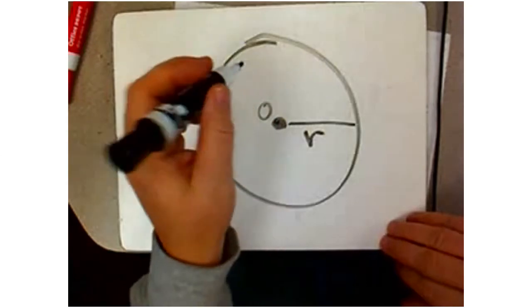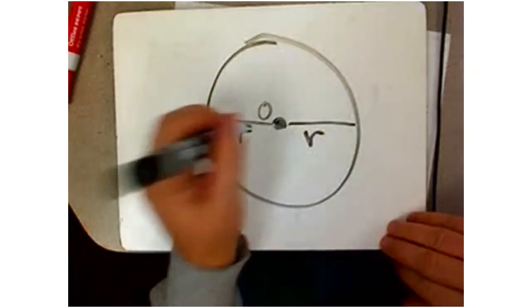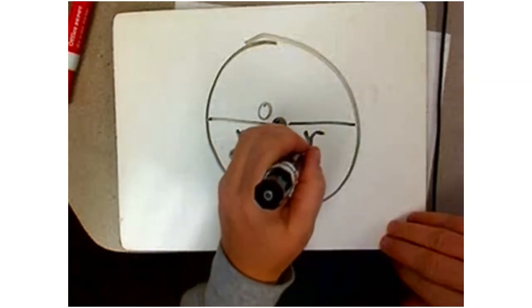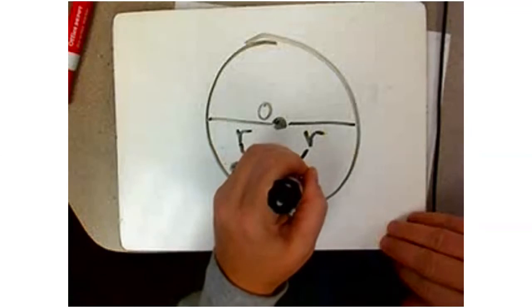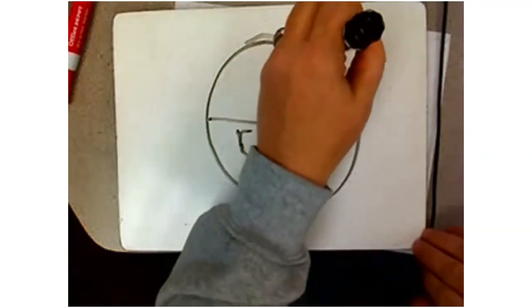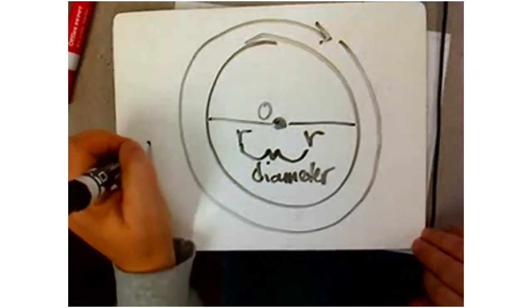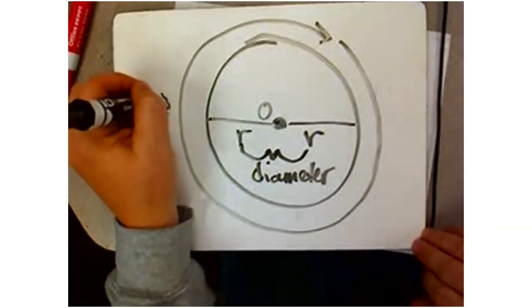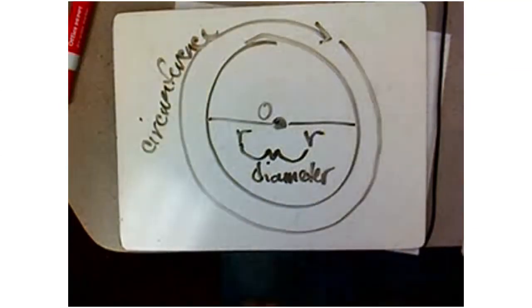If we go all the way across our circle, we get 2 R's, which combined together is our diameter. Okay? And then if you go all the way around a circle, that's its circumference. It's not called perimeter on a circle because it's not a polygon.